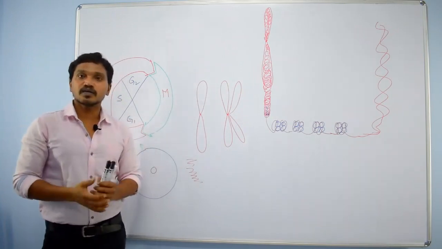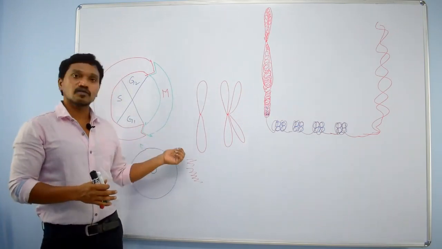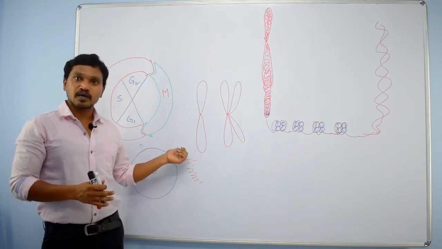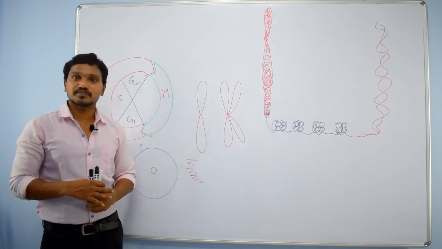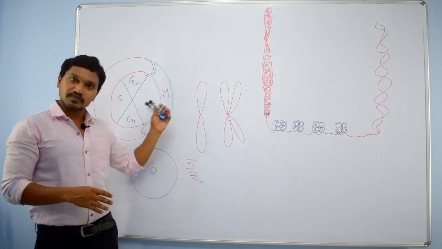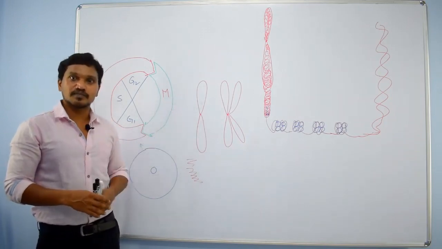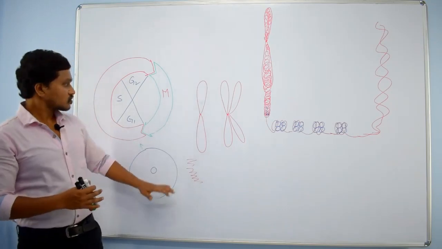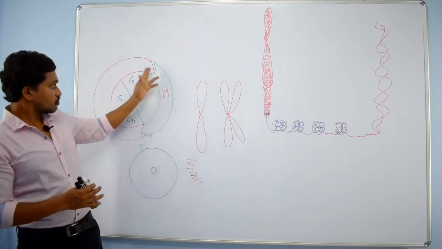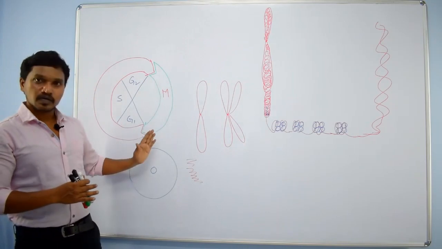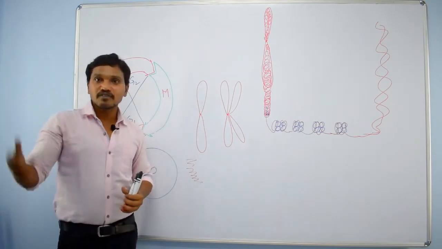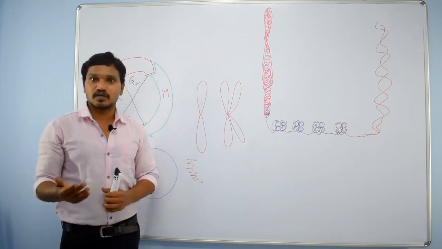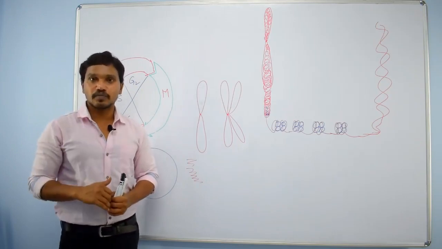M stands for mitosis in the case of mitosis, but M stands for meiosis in the case of meiosis, right? So in meiosis also the cell cycle will be there. Clear? So I hope you understood up to G2 phase, right? Now we will go for M phase. In M phase there are different types of subphases, which we will discuss one by one.